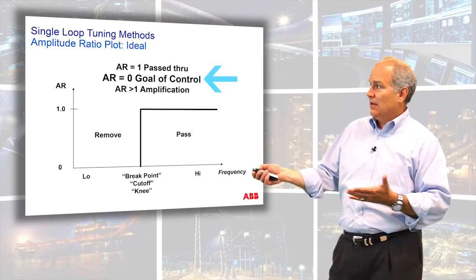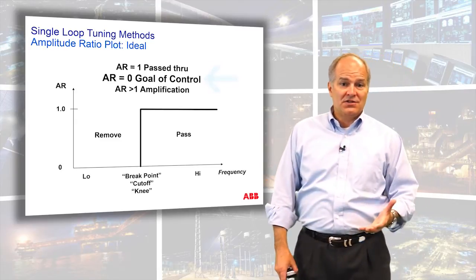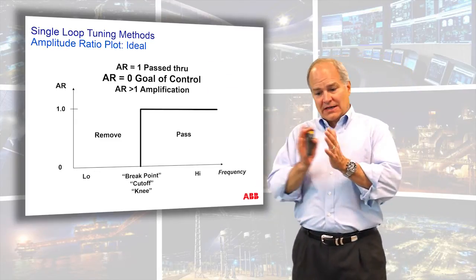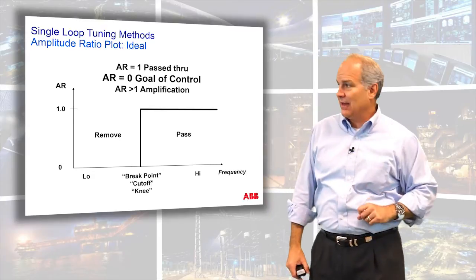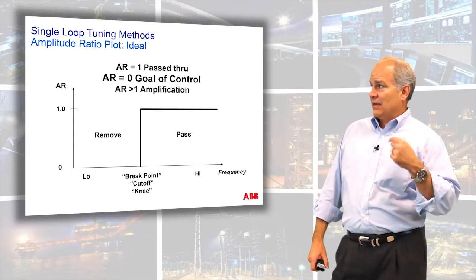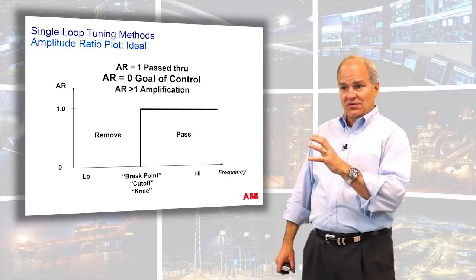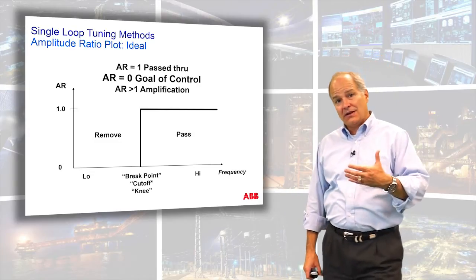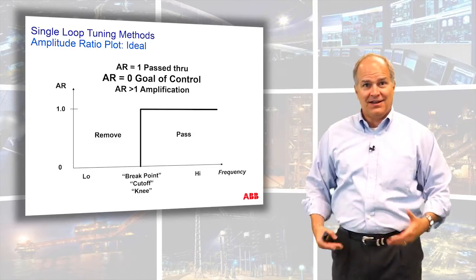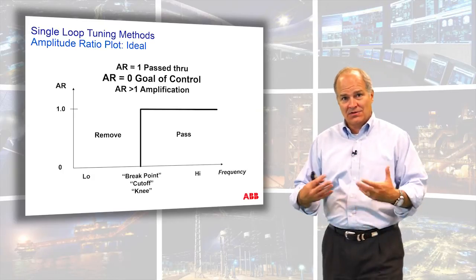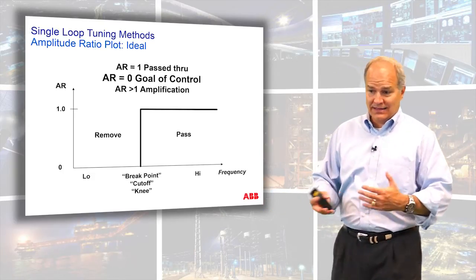That's our goal, we want to remove oscillations. That's why tuning a loop faster has a big impact on this, and I'll show you that in a minute. An amplitude ratio of 1 means the signal passes through. And if the amplitude ratio is greater than 1, that means that we're adding energy to this signal every time it goes around. And we want to avoid that because that's not good.